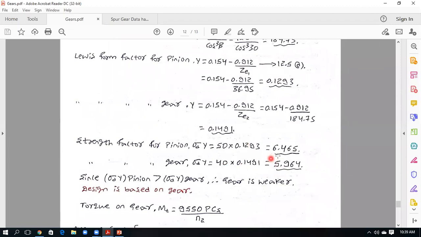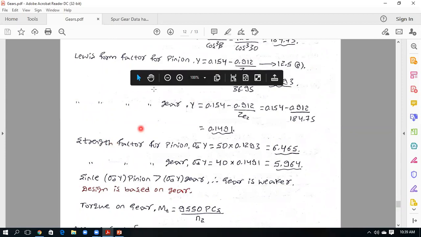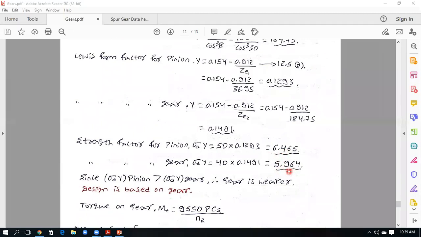You need to calculate the strength factor for pinion as well as gear. Whichever is lesser is the weaker. You can see that the strength factor of gear is less compared to the pinion, which means pinion is stronger, since the strength factor of pinion is greater than the strength factor of gear.